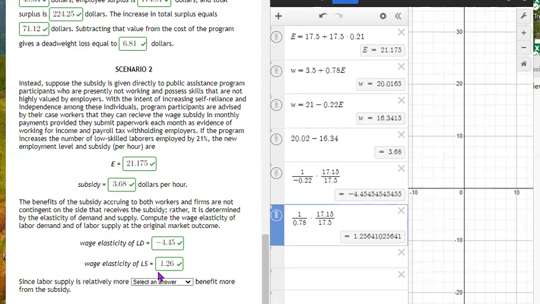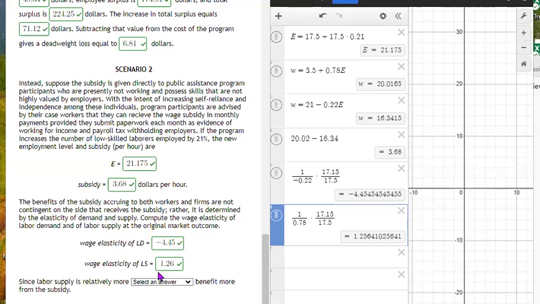But the wage elasticity of labor supply in absolute value is closer to being between 0 and 1. When elasticity is between 0 and 1, we say that thing is inelastic.